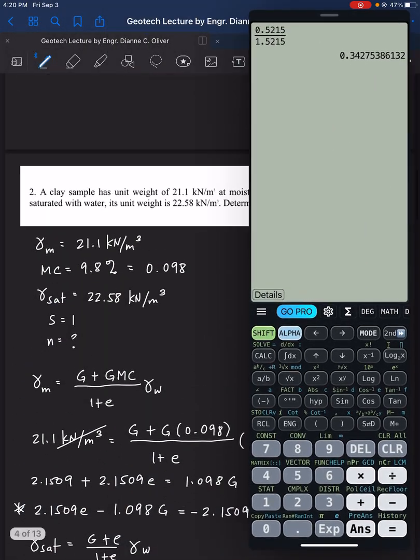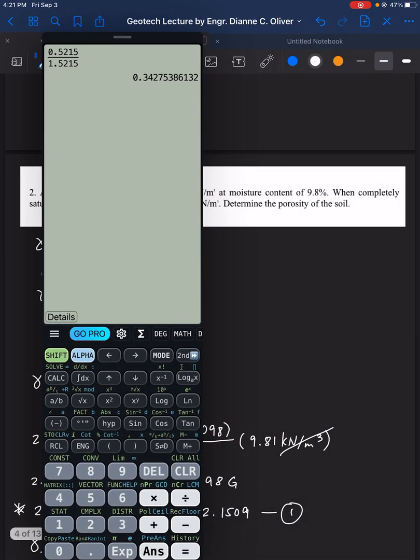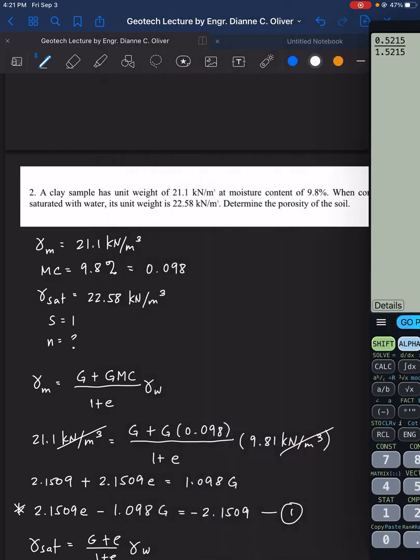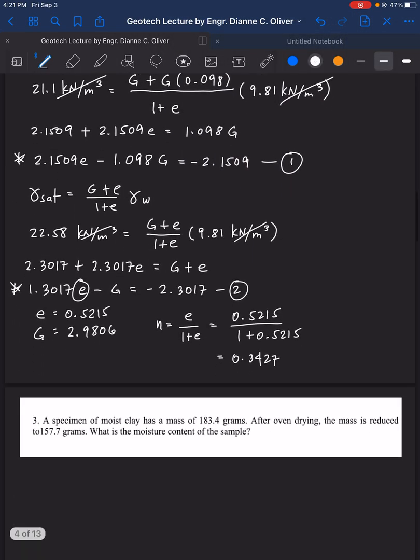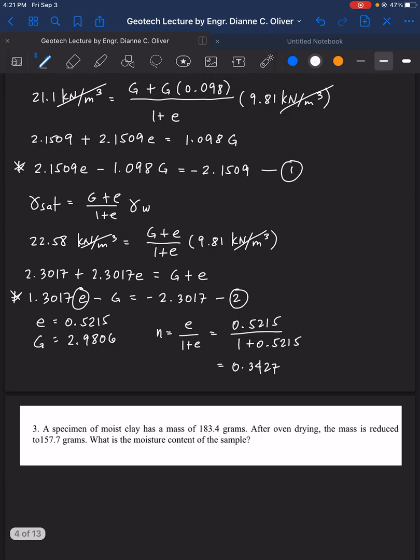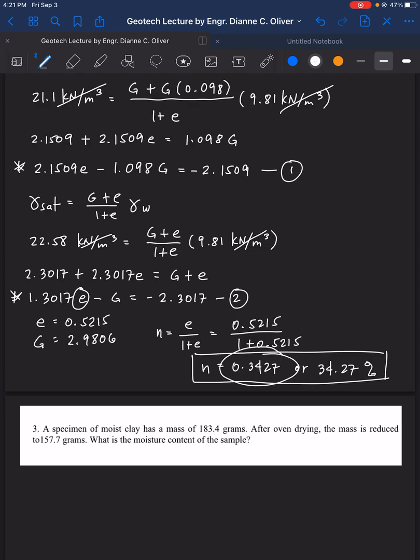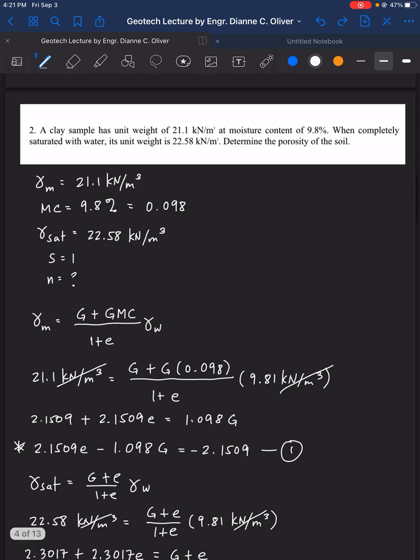And in the problem, does it say there in percent? No. So if the problem says find the porosity in percent, this becomes 34.27%. But since it did not mention, well, we can still get this first one as correct. Okay, so that's for number 2.